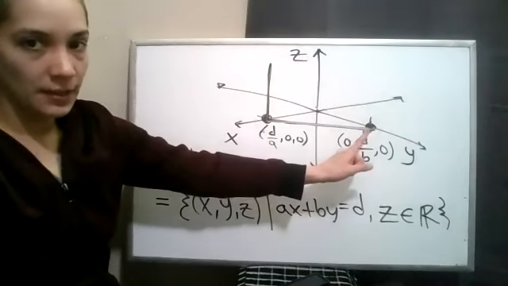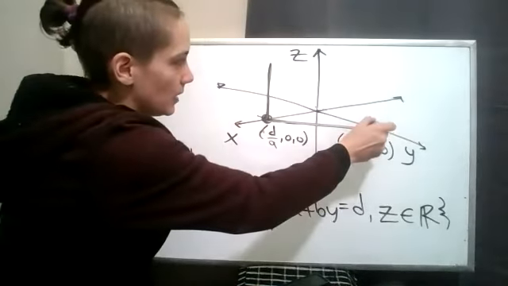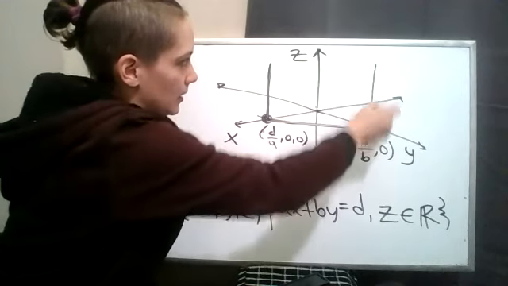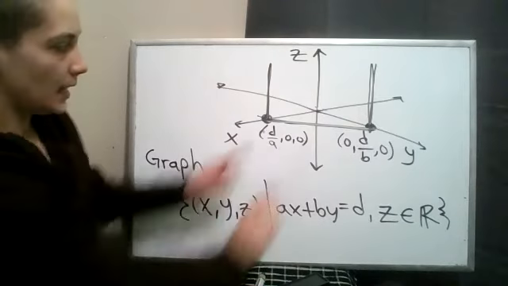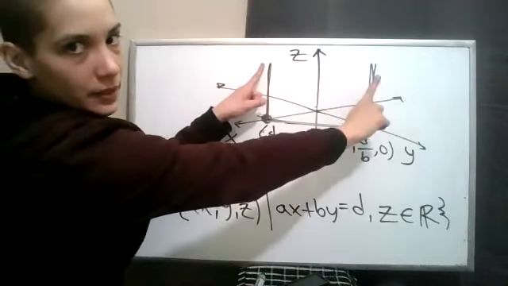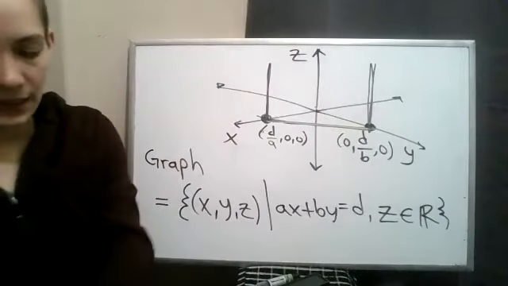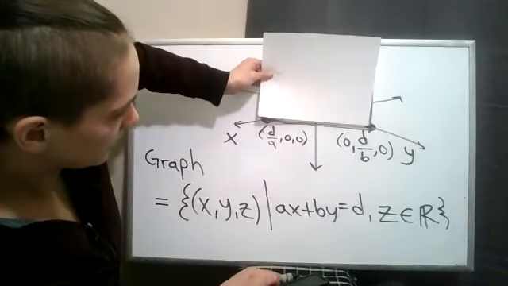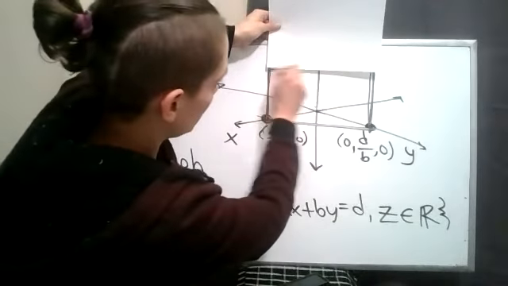From this intercept, z can be any number, so from here also go parallel to the z-axis. And we're going to copy this line up here, drawing a line parallel to that line. Shift straight up and draw.